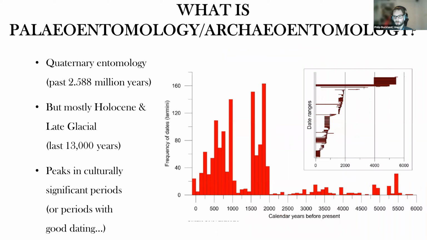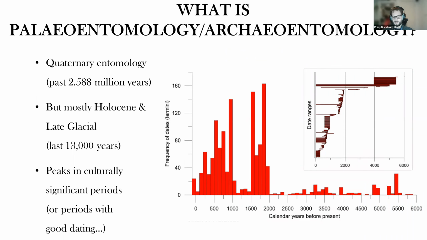If we look at the more archaeologically orientated work, the Roman British, or the Roman Northern European period is heavily researched with palaeoentomology. And then the last 1,000 years, again, is really heavily investigated.